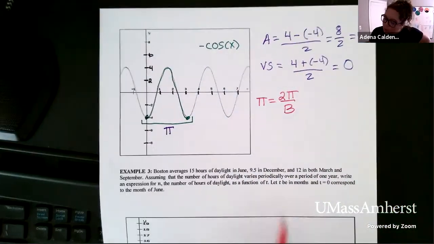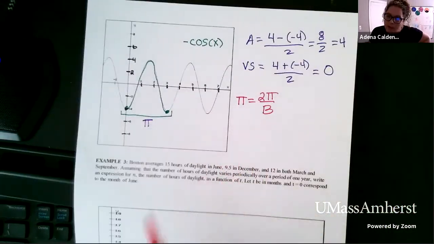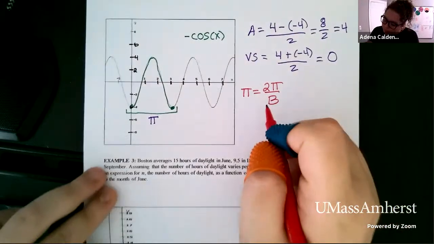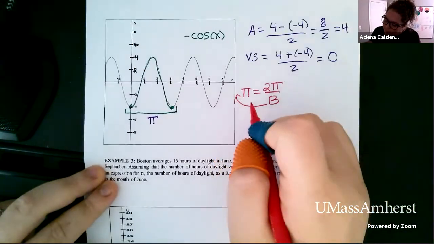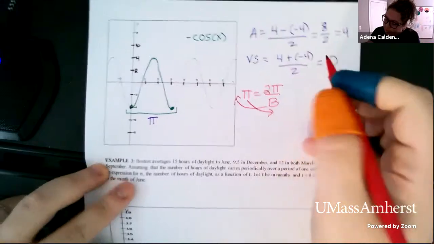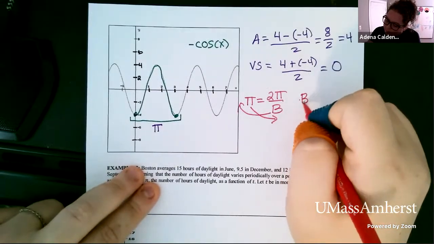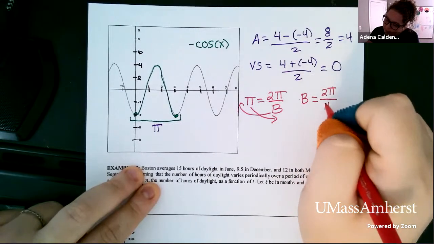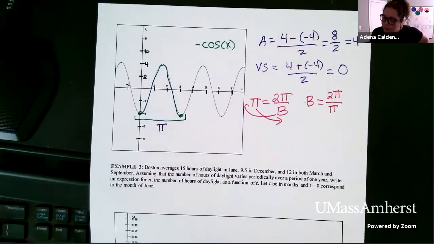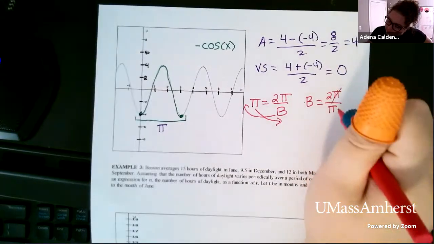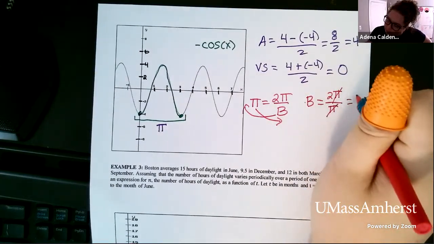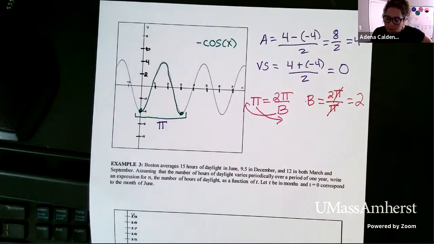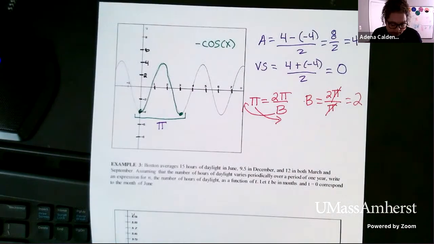Because again, if I know the period, I need to use that to solve for b. So I'm going to multiply the b up and then divide the pi down, right? Which is going to tell me that b equals 2 pi divided by pi. The pi's will cancel, and b equals 2. So again, remember, b is what goes inside the function next to your variable.